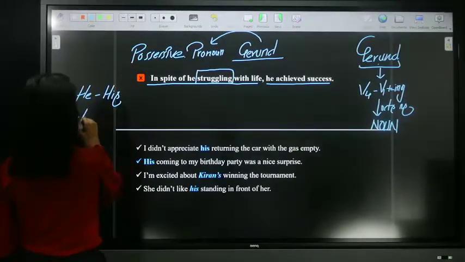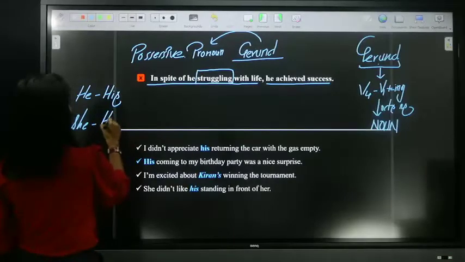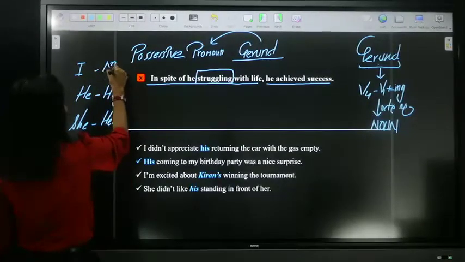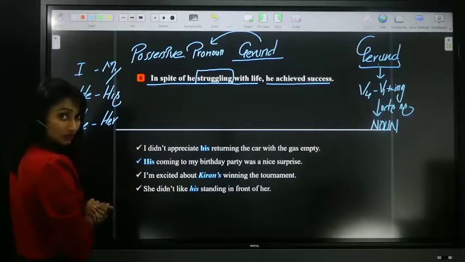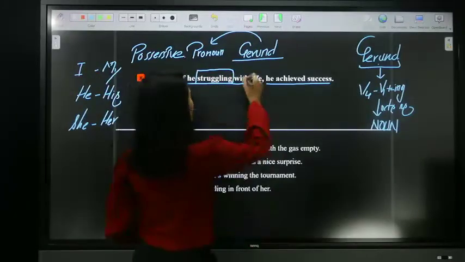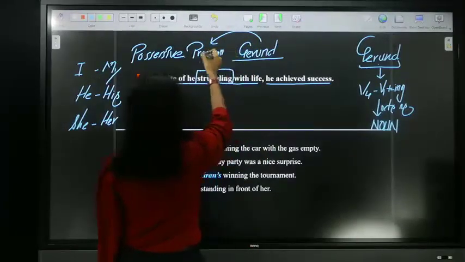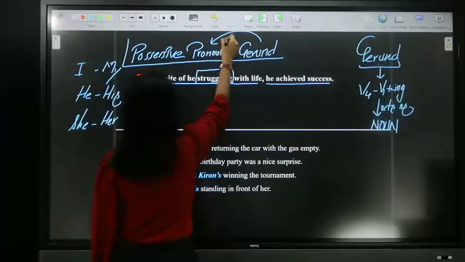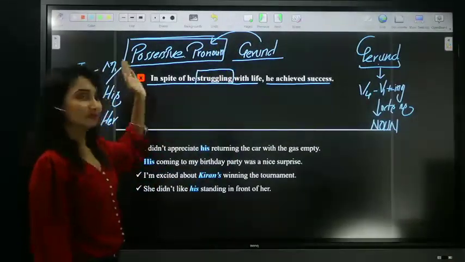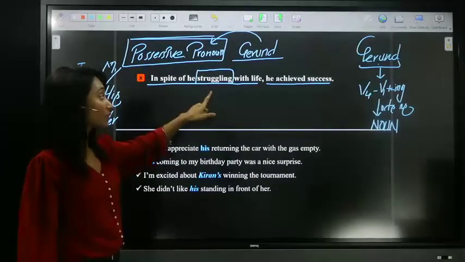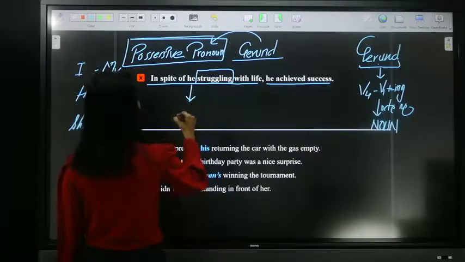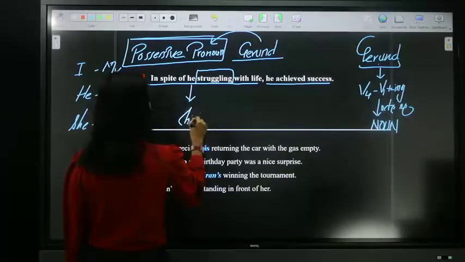For she, her. For I, my. So remember this, right? Whenever there is a gerund and the gerund is preceded by a pronoun, that pronoun must be a possessive pronoun, not any kind of pronoun. So don't use a personal pronoun. That is the error. So replace he with his.